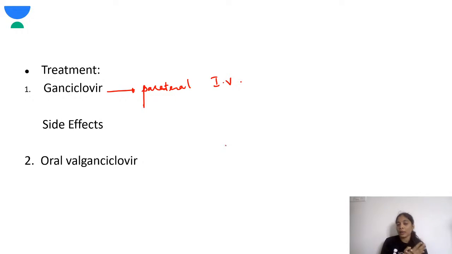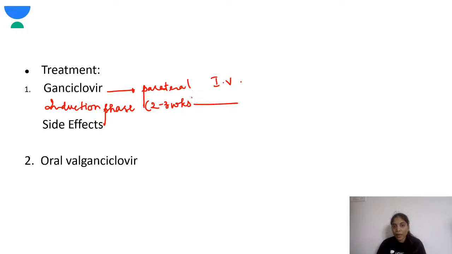First you give an induction phase of 5 mg per kg per dose twice daily, which is for 2 to 3 weeks, followed by a maintenance phase, a single dose of 5 mg per kg per day, that you give for 8 to 12 weeks.